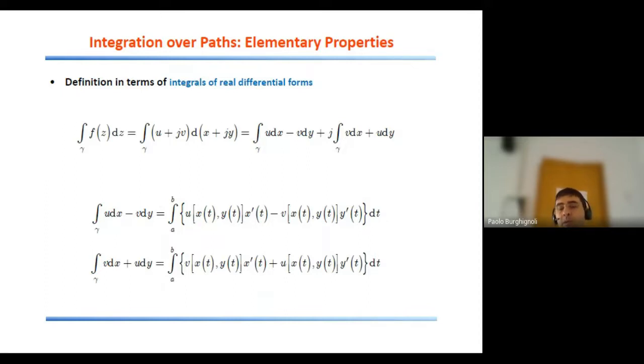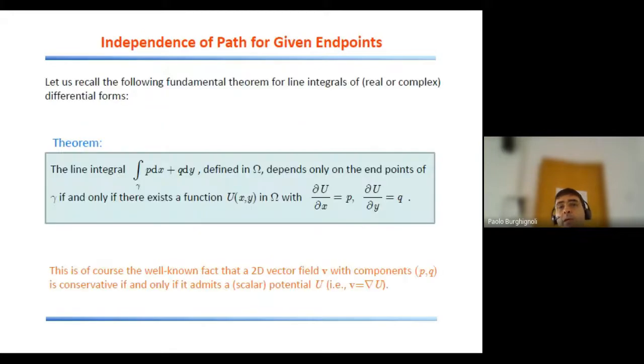Why is it important to recognize that there is a connection with the integrals of real differential forms? Because there is a wealth of results in mathematical analysis about the latter kind of integrals. For example, you may recall this fundamental theorem about line integrals of differential forms. The theorem is the one in the box.